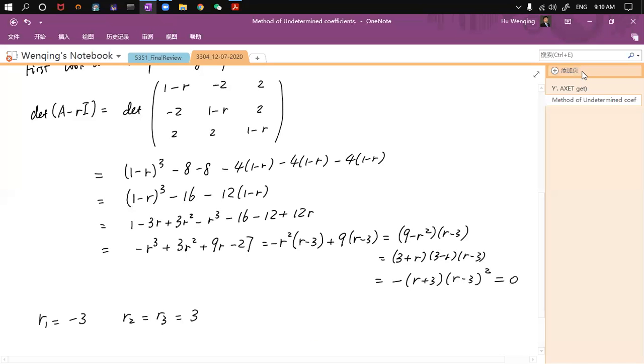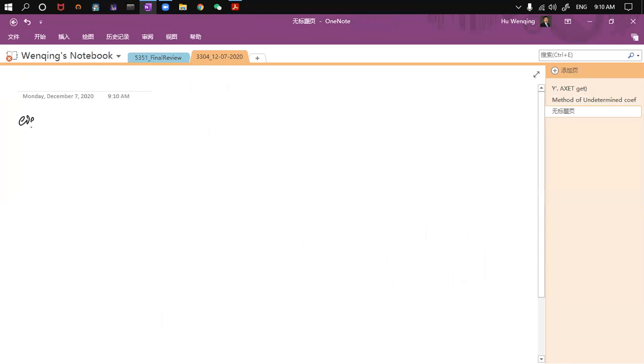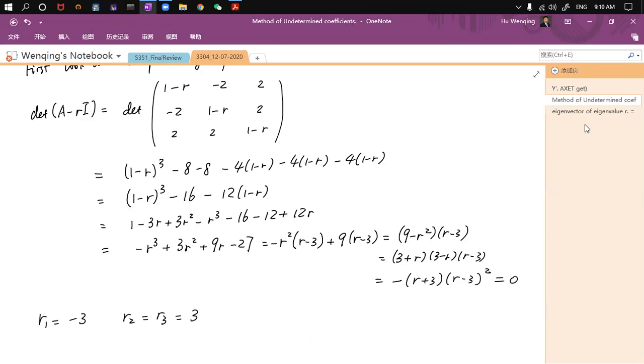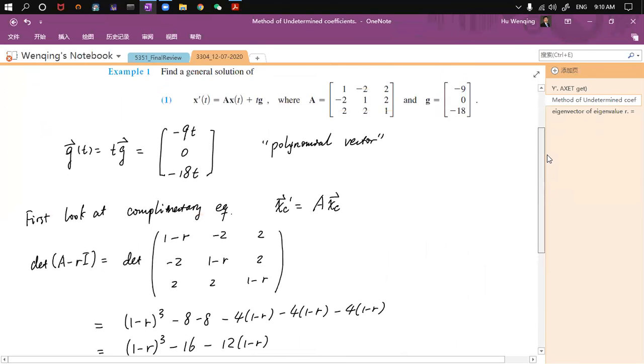Let's say we start from the eigenvector of the eigenvalue R1 equal to minus 3. So minus 3 is the first eigenvalue, and you want to find the eigenvector.